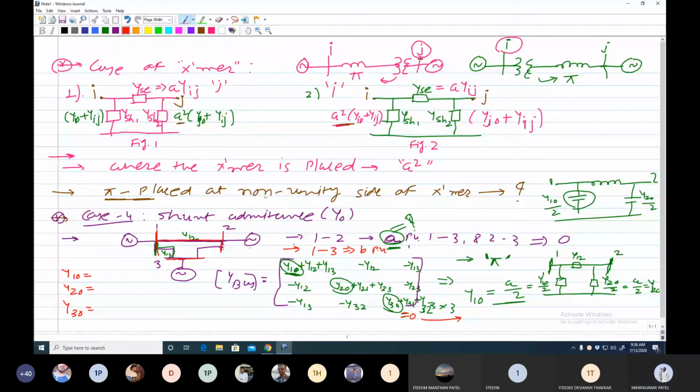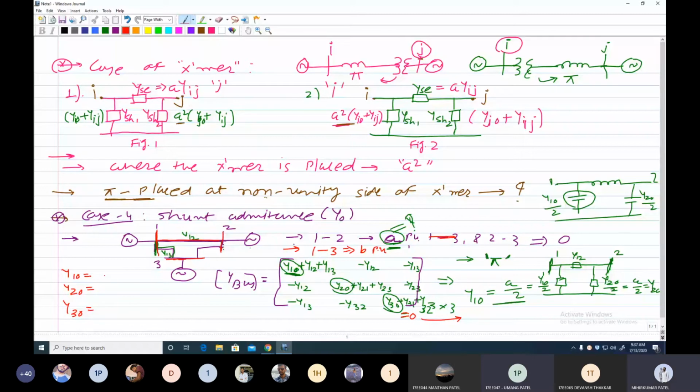For line 2-3 it is 0. But now let us assume that the shunt admittance offered by line 1-3, between bus number 1 and 3, is B per unit. Now what is the value of Y10?